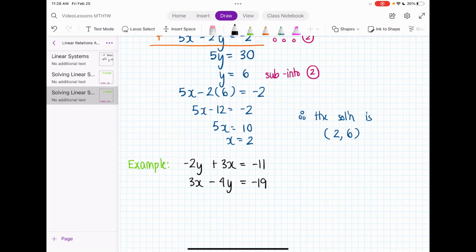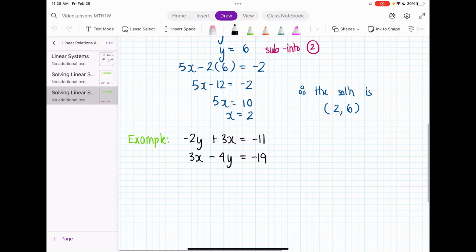Okay, so here, my first step is to have my x's and y's in the same spot and then stack them. So if I look at it, in both equations my x's and y's are on the left-hand side, except in my first equation, I have the y's first, and in the second equation, I have the x's first. And I would like them to match up.